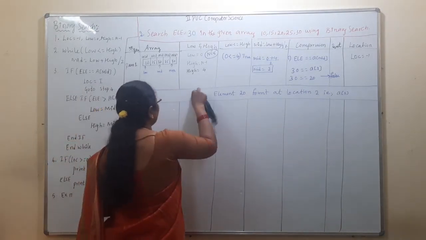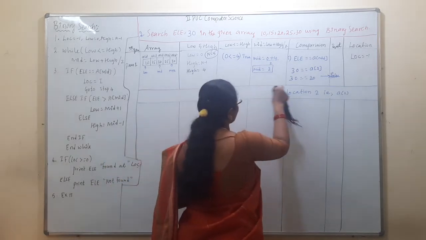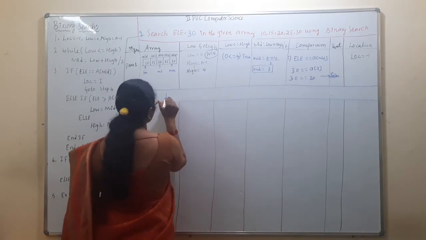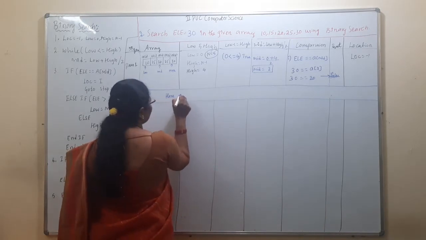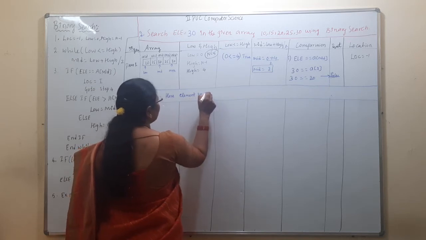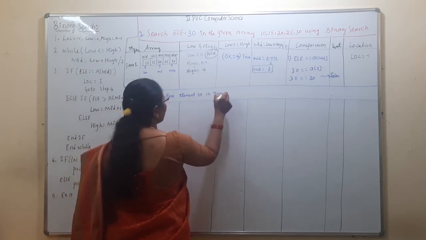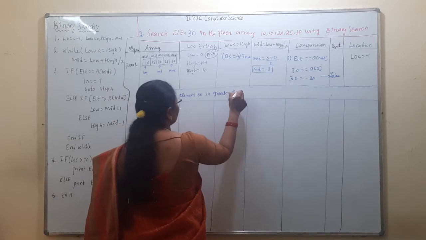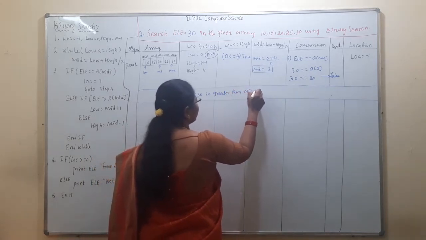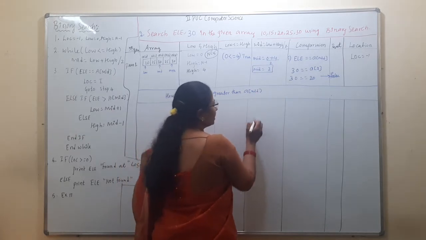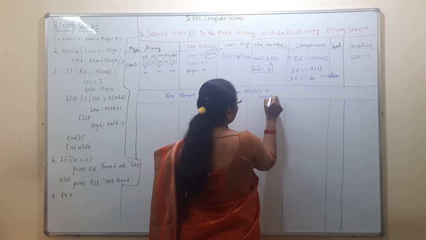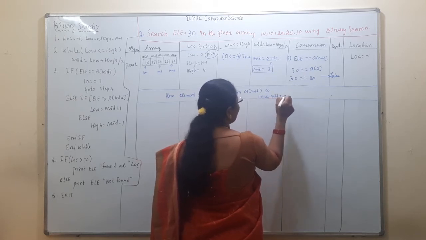Then we should continue the process for the next pass. But what you should write? Here, element 30 is greater than A of mid. So low equal to mid plus 1.